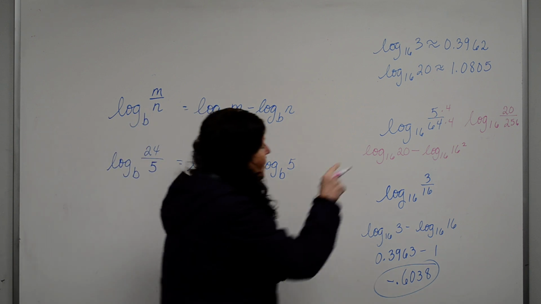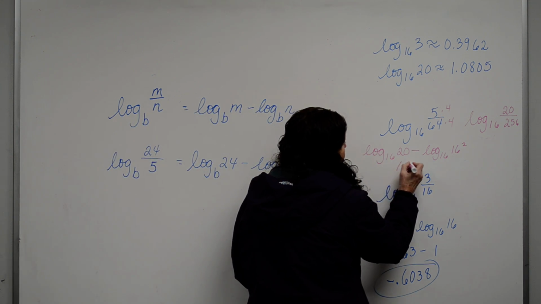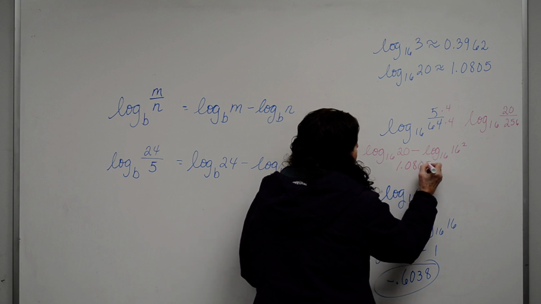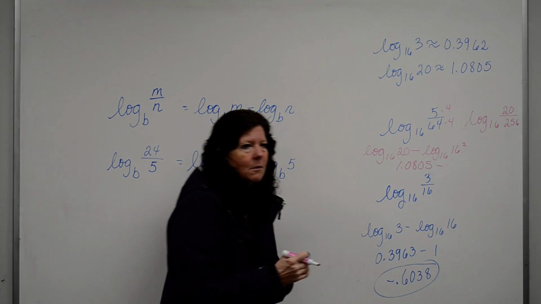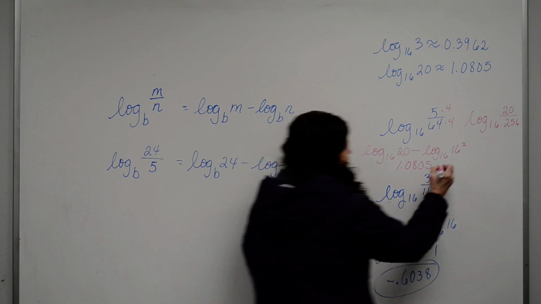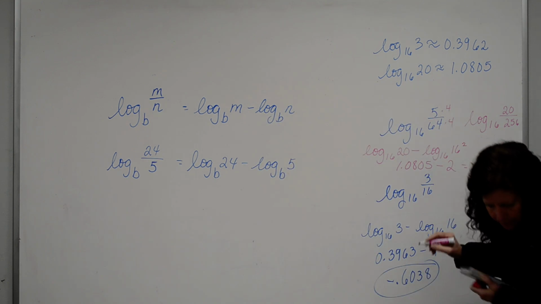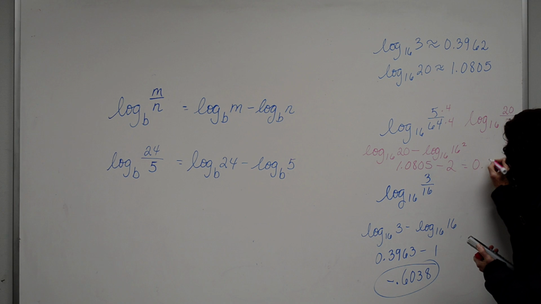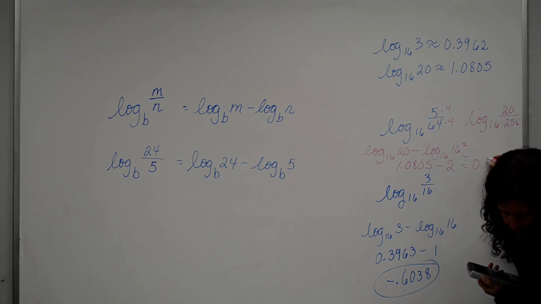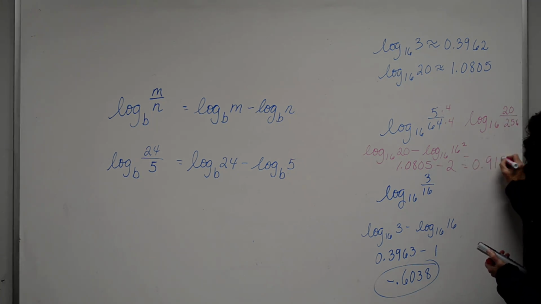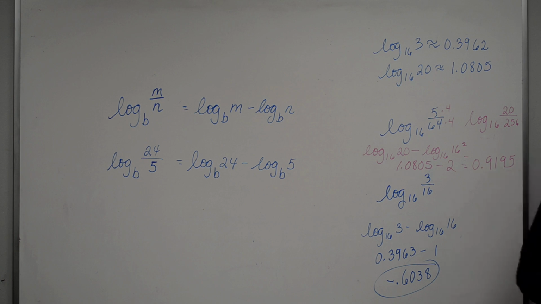So this right here is the 1.0805. What does that one equal? 2. Which is going to give me an answer of negative 0.9195. You've got to really think. Okay, it's a puzzle that you have to put together.